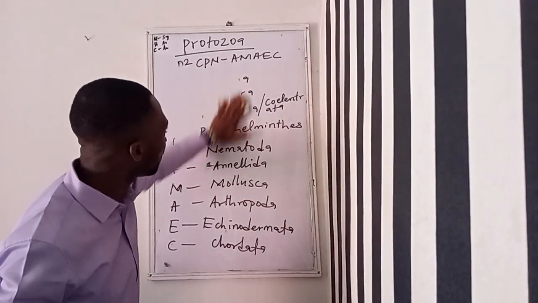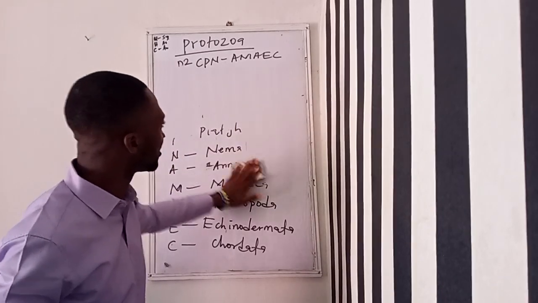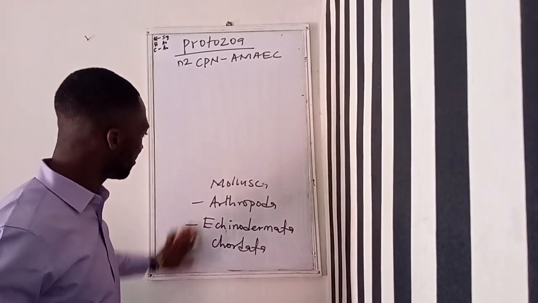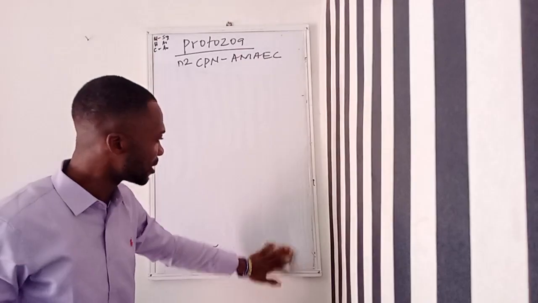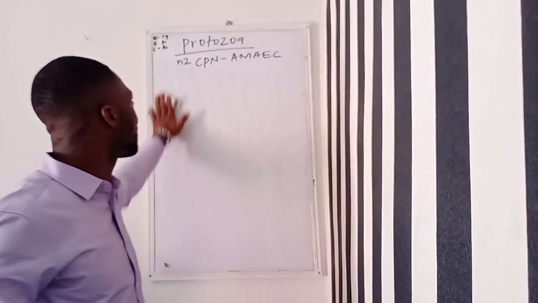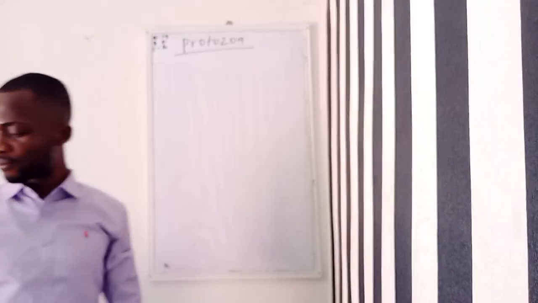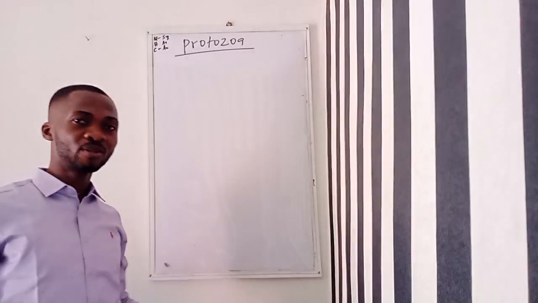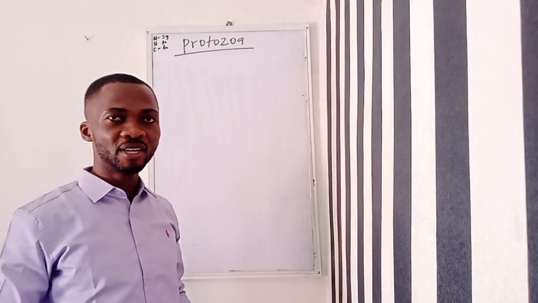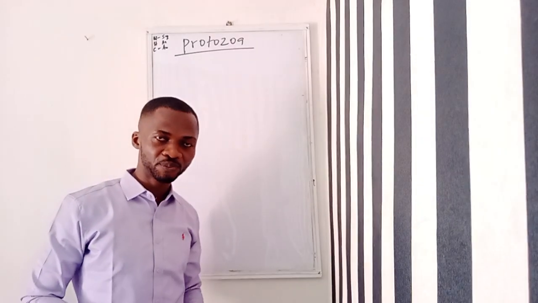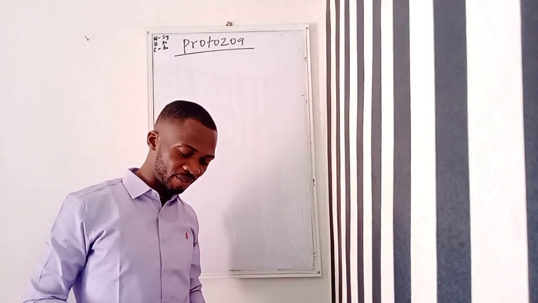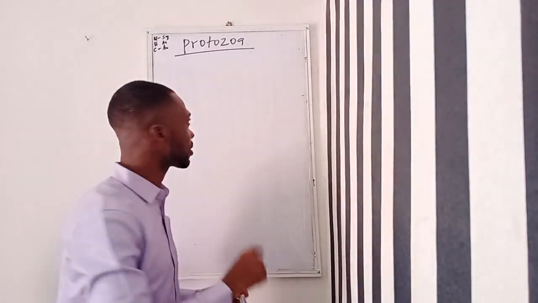Okay, having known this now, let me talk about this chordata. As a matter of fact, the chordata is the phylum that contains both the vertebrates and the invertebrates. So let me talk about the chordata.